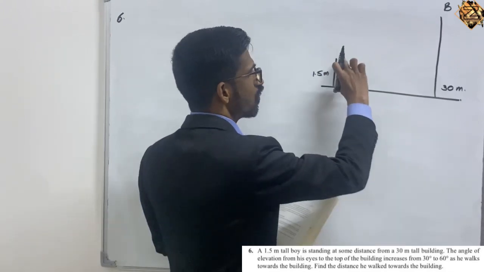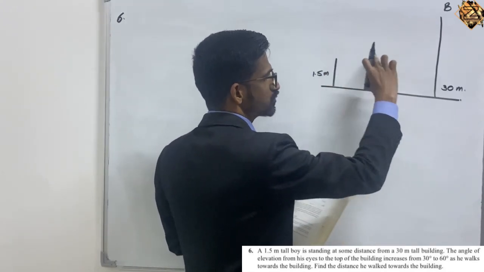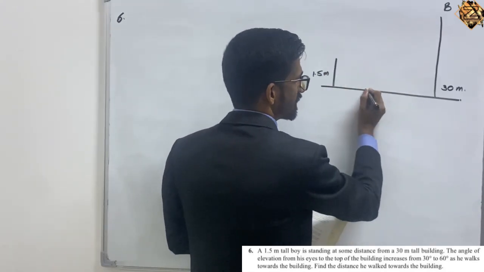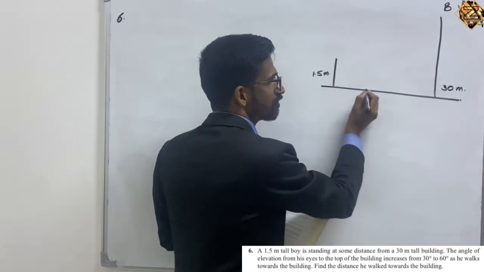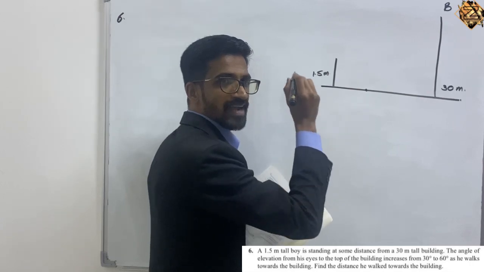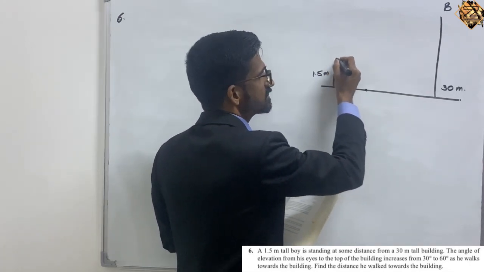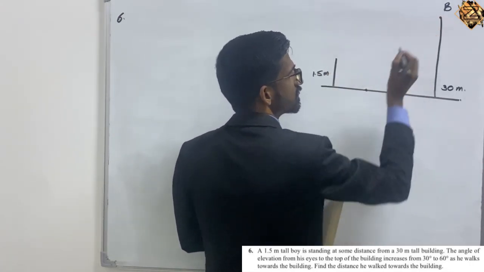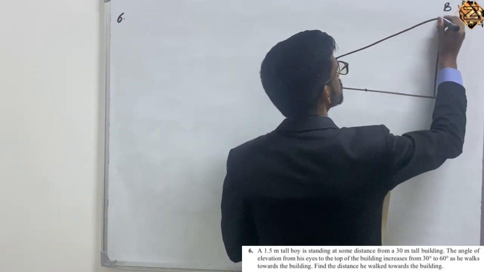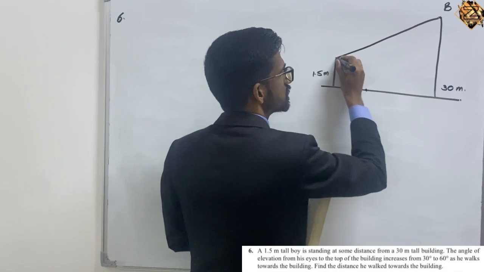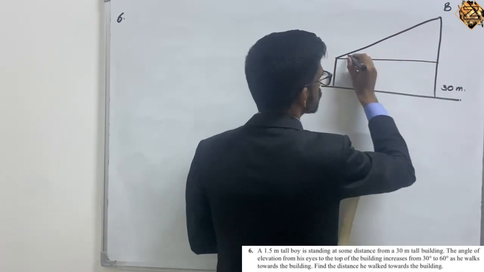When the boy walks from this point to another point, when he started to walk, the angle of elevation from his eyes to the top of the tower from this point was 30 degree. So we'll draw a horizontal line here.